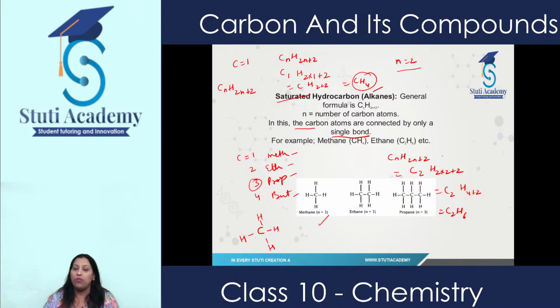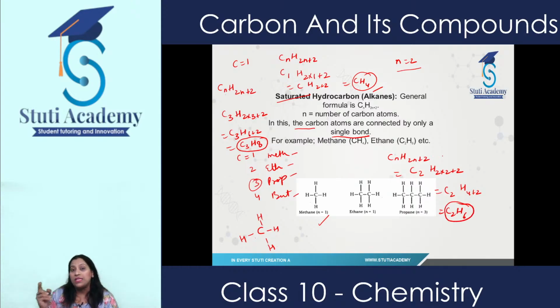In place of n, what should we write? We'll write only 3. So it's C3, H2 into 3 plus 2, C3, 6 plus 2, C3H8.